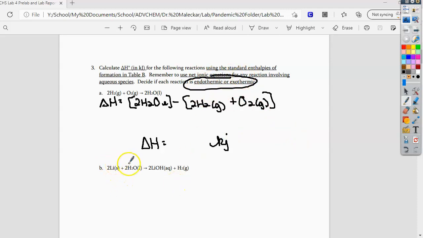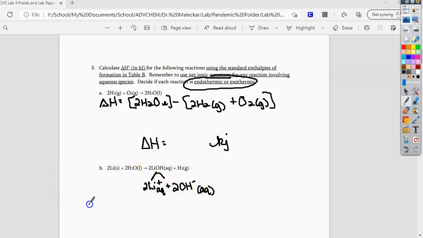This guy right here, you have to write a net ionic equation because they don't give you this. Remember that LiOH breaks apart into Li aqueous plus 1 and OH negative. And make sure that you remember the coefficient goes to the Li and the OH, and the phases of the Li and the OH are both aqueous.